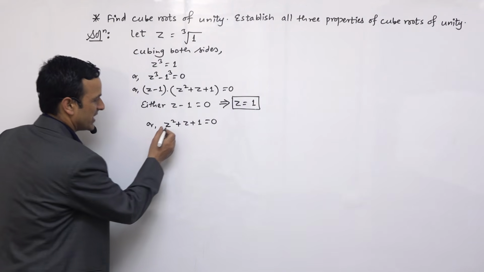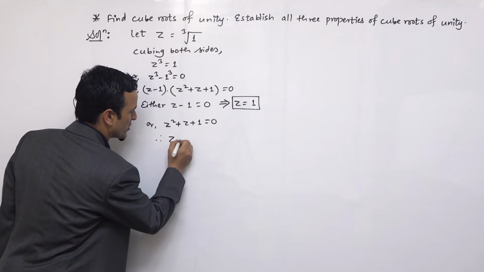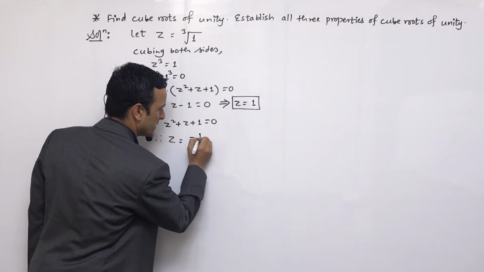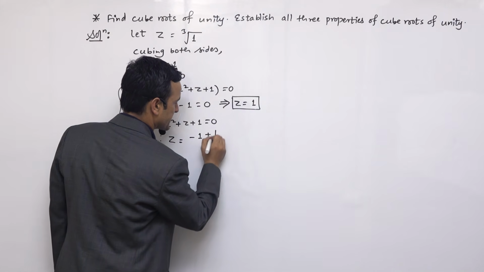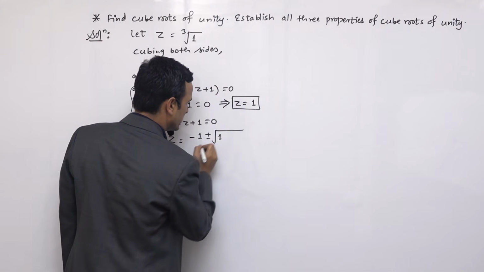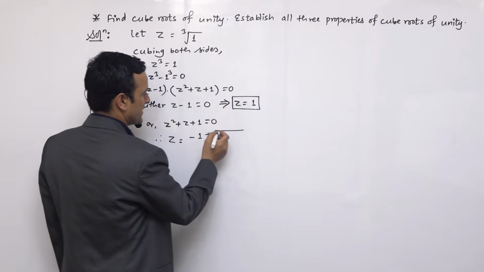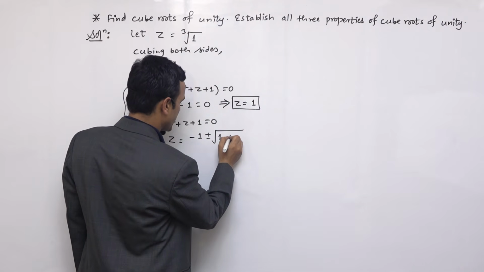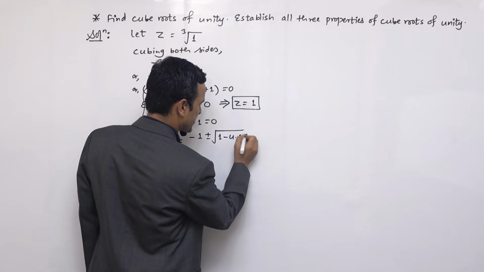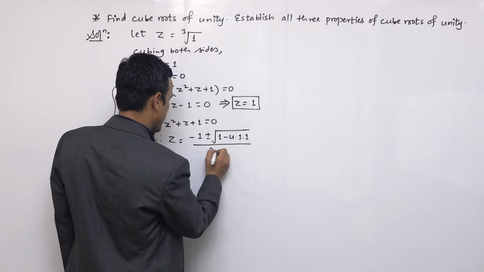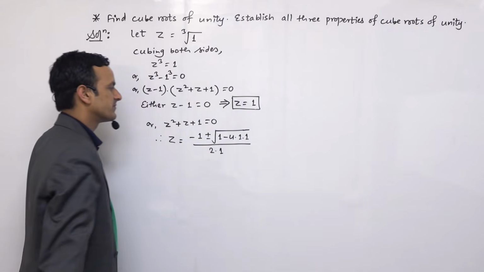So here the value of z is equal to minus b plus minus root b square minus 4ac divided by 2a.